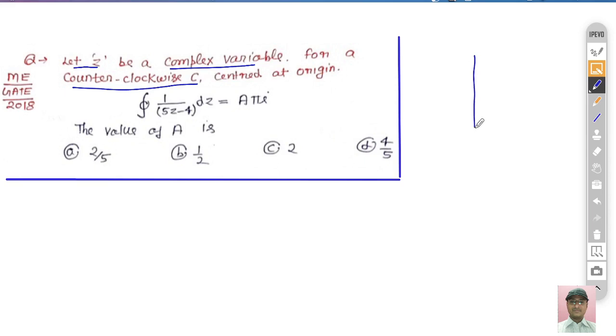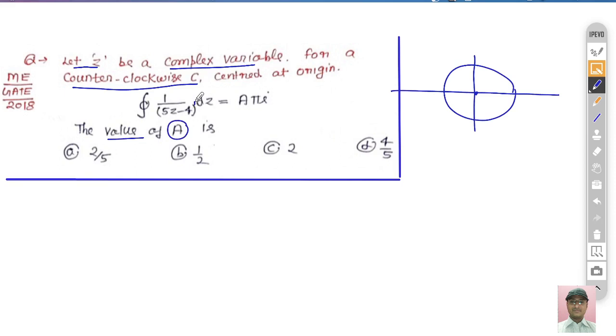Now this is a circle C which is centered at the origin, right? Now we have to find out what? You have to see the integral of 1 upon (5z minus 4) dz equals a pi iota. This is given. Now you have to find out the value of a. Now you can use the Cauchy integral formula.